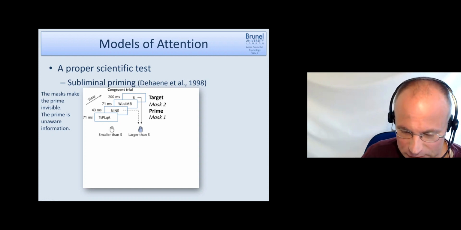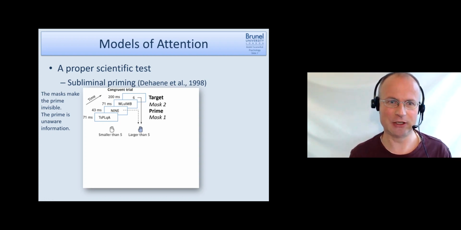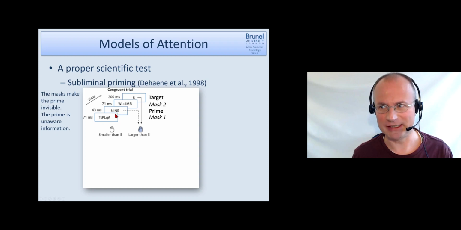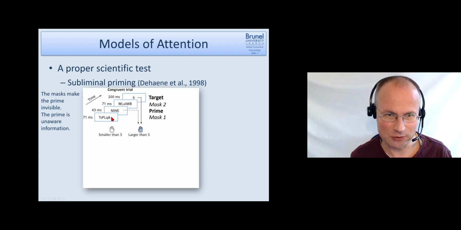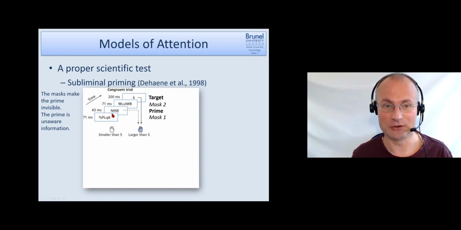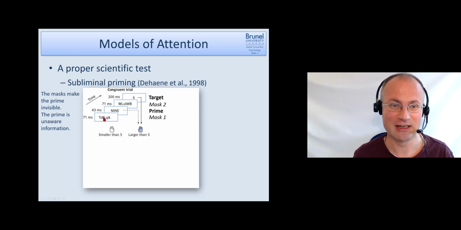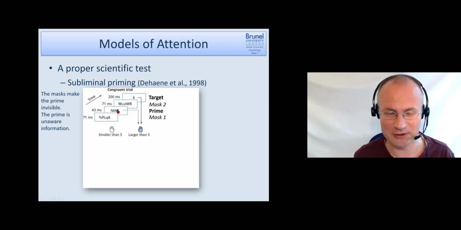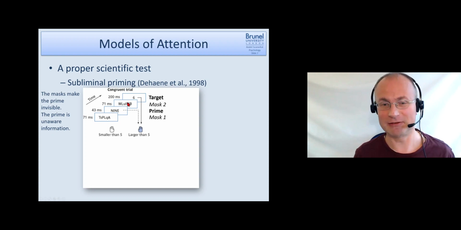Now, I used to work a little bit in this area of subliminal priming actually myself, and what I can tell you is to get this masking done, it's very difficult. And if you just program it exactly like it appears here, you still can totally read the prime. So you have to fine-tune the timings, the exact font you use, the size of the letters, stuff like that.